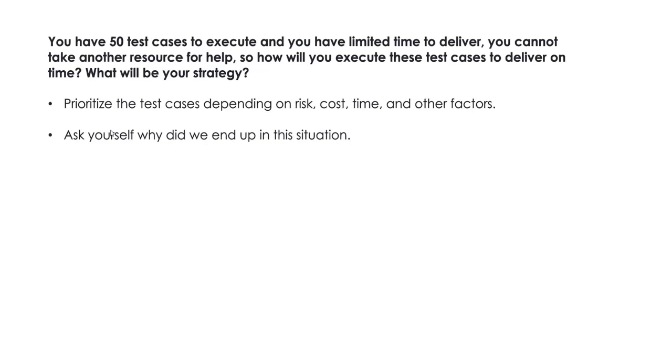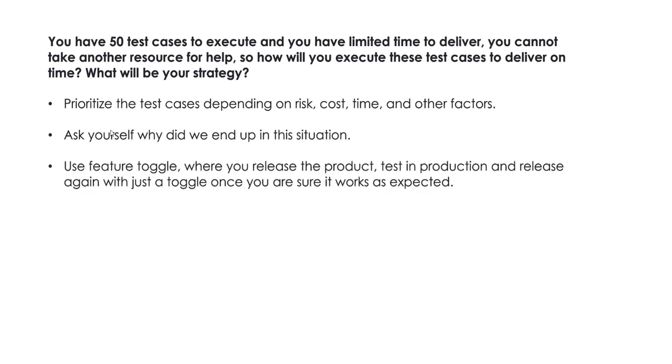Use a feature toggle where you release the product, test in production, and release again with just a toggle once you are sure it works as expected. Sometimes, I'll give you an example.